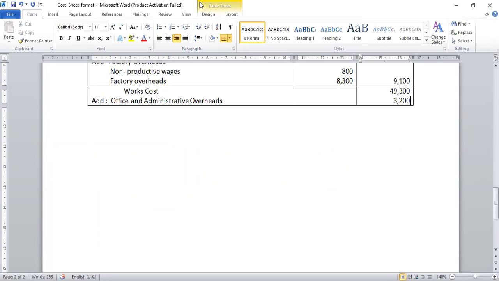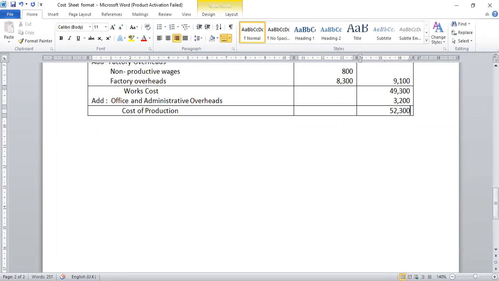So after adding that, see your format. Our answer will be cost of production. What will be the cost of production? 49,300 plus 3,200, that is 52,300.